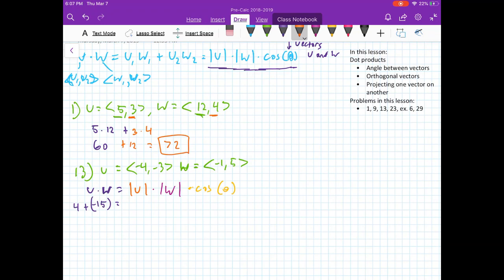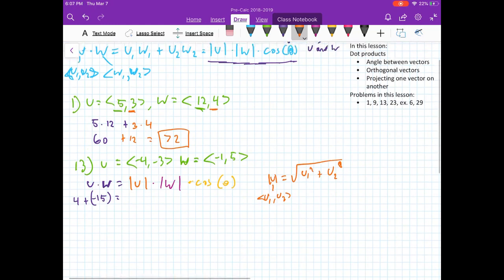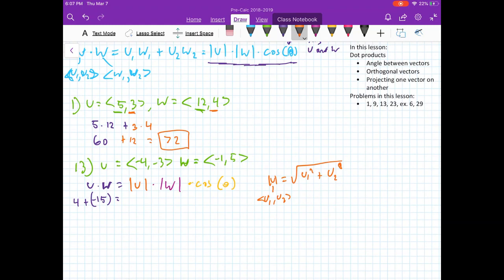To put it quite simply, as a refresher, if u equals the vector u1, u2, then the magnitude equals the square root of u1 squared plus u2 squared. You might recognize that as being part of the Pythagorean theorem. It looks pretty similar. And if you'd like to know more about it, just make sure you ask a teacher. Great. So we have the magnitude of u.